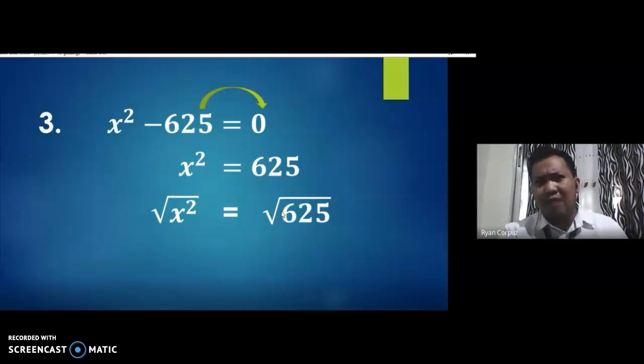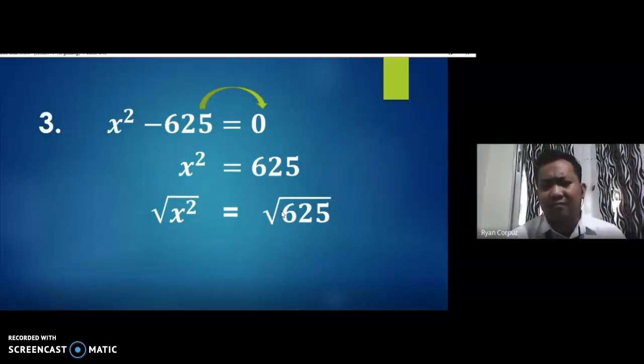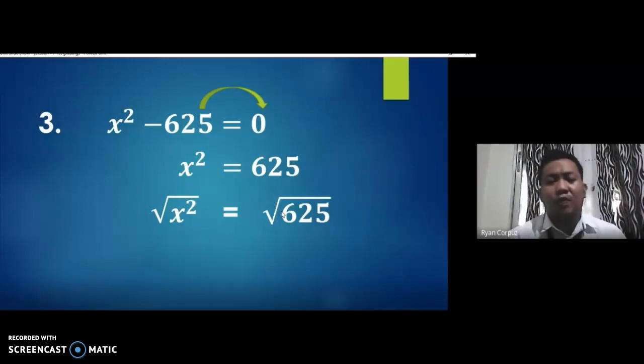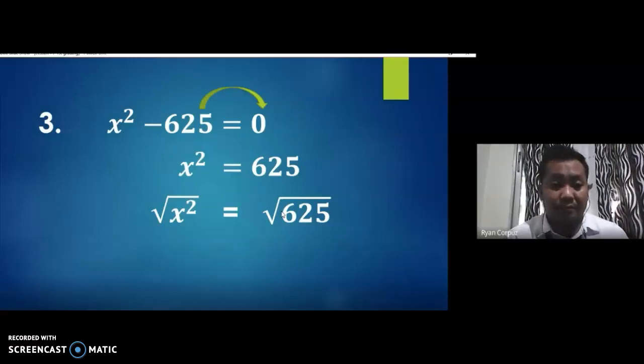By the way, paano nga ba natin malalaman that a given number is a perfect square? So, all the numbers from 1 to infinity, if you multiply it by itself, the answer there is a perfect square.